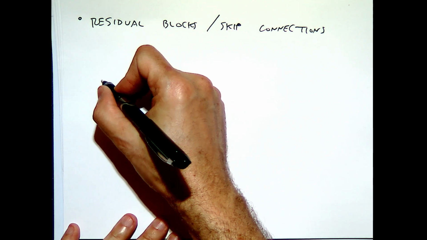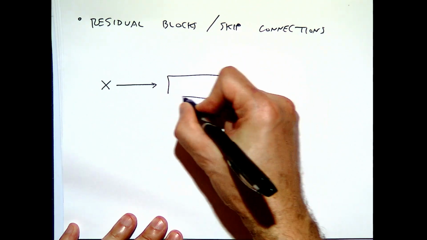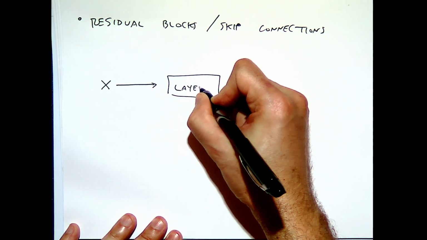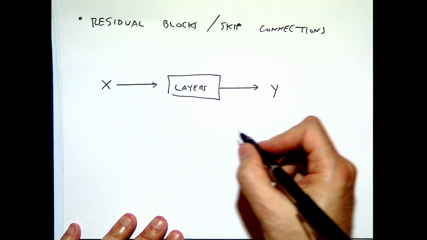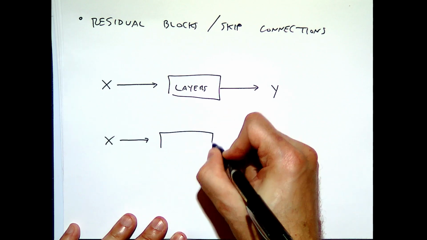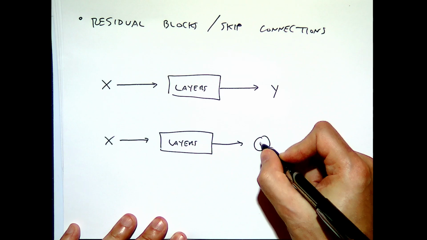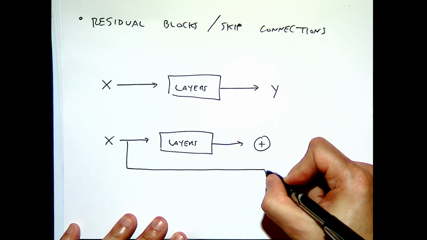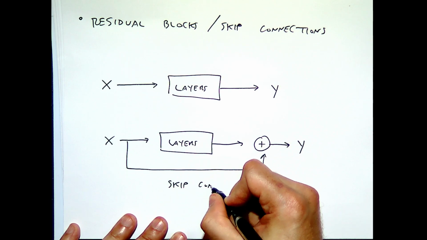If I've got some input coming in, and this goes into some set of layers to produce some output, what I could do instead would be to have a little extra highway where, instead of going straight to the output, I can bypass these layers entirely, and this is called a skip connection.